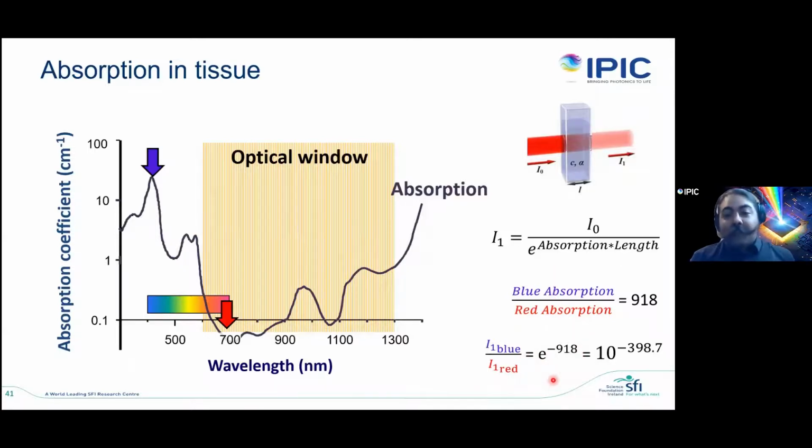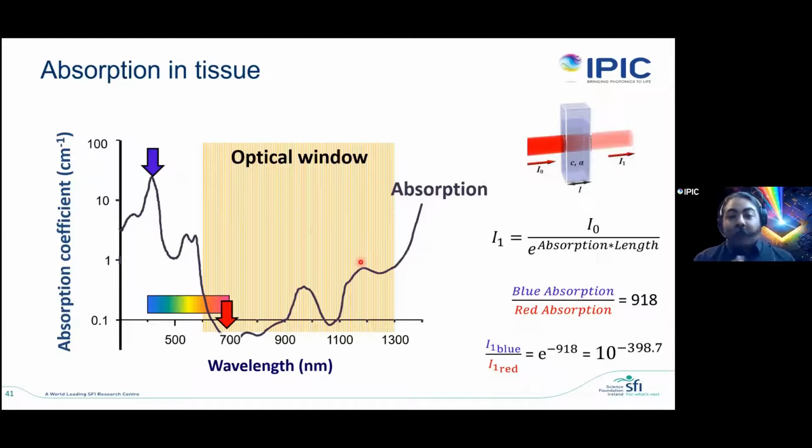And you can see that if you have just 1 unit detected in red, you'd have a decimal with 400 zeros detected in blue. So it is a huge attenuation. And that's why the blue light will not pass through your fingers, but red light will.